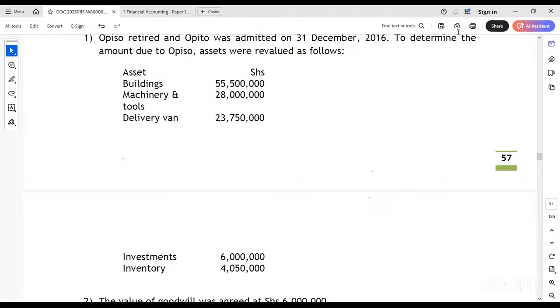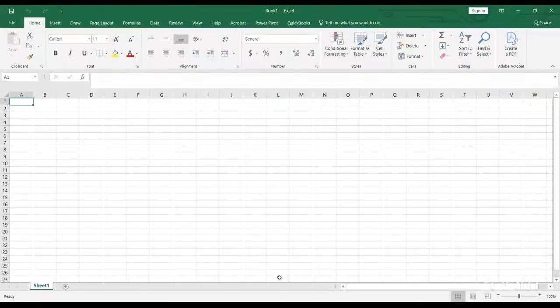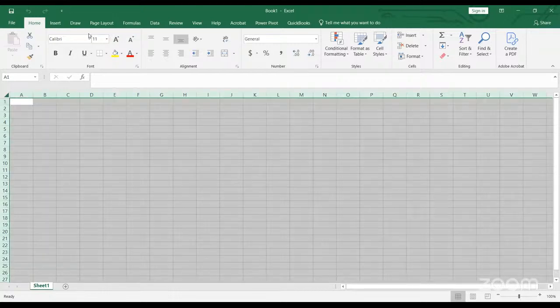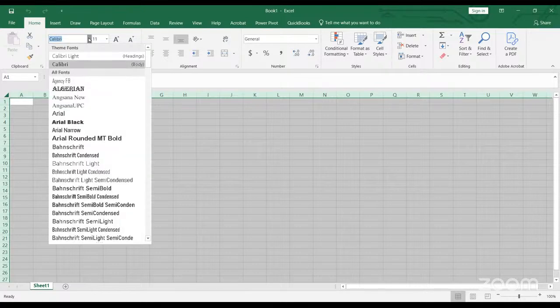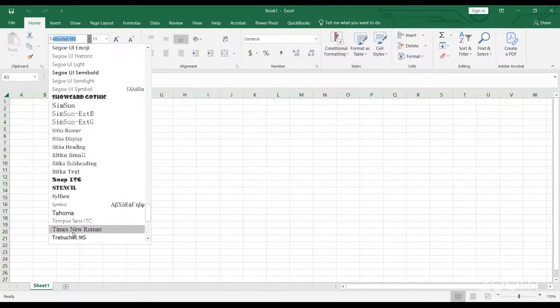So in your books, you should be having a ruler, a pen, a calculator. We need to open up a revaluation account. Yes, they are asking for the capital account and the current accounts, but first come up with the revaluation account. Why? Because there is some information which you have to take to the other accounts.